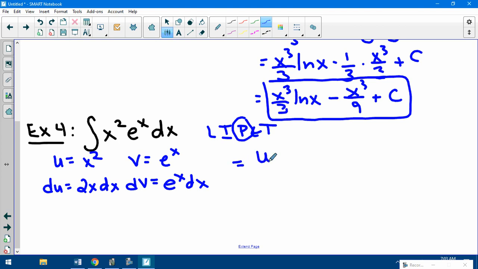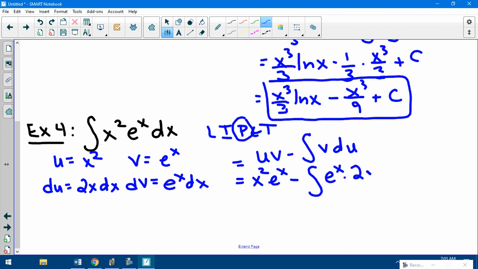So here's your formula, uv minus the integral of v du. u is x squared, v is e to the x, minus the integral of v, e to the x, times du, 2x dx. Let's clean that up a little bit. It's going to be x squared e to the x minus, now I can pull this 2 out front, 2 times the integral of x e to the x dx.